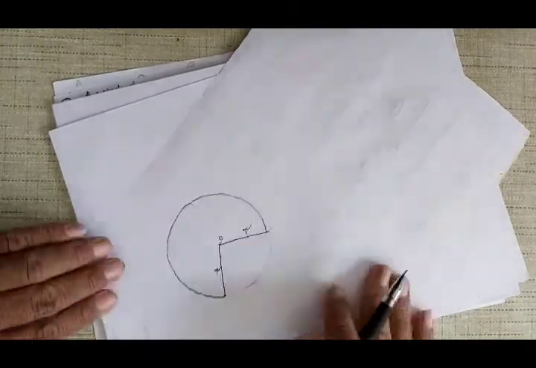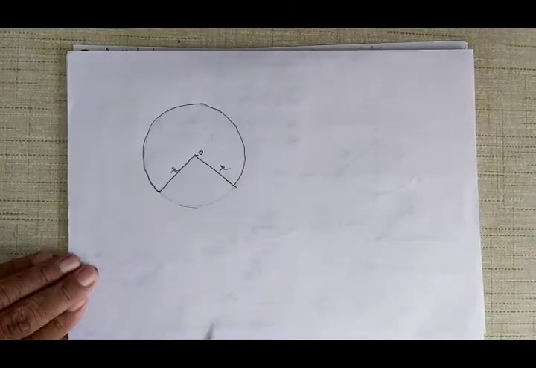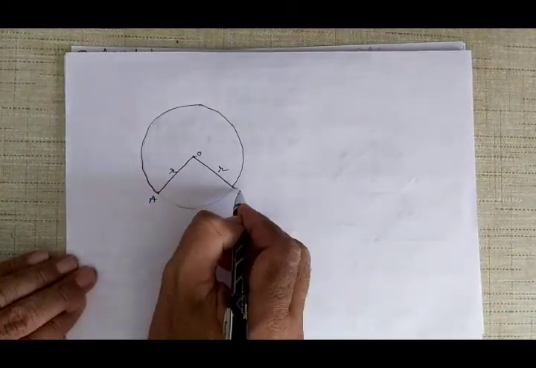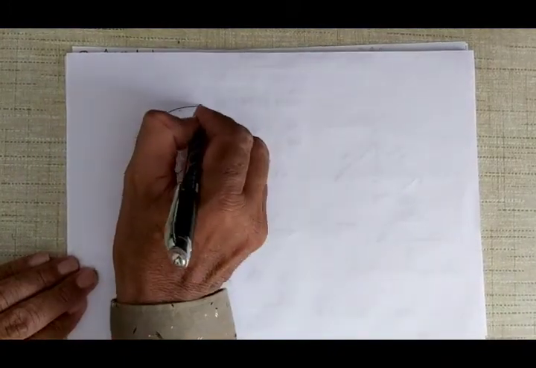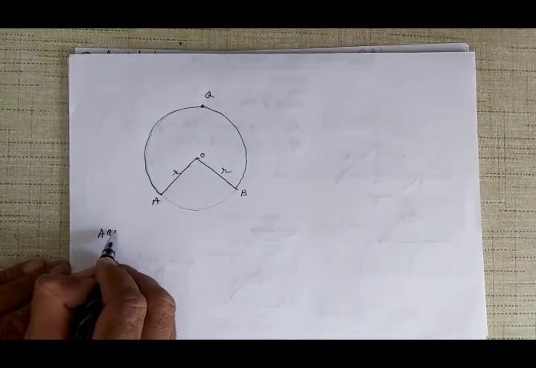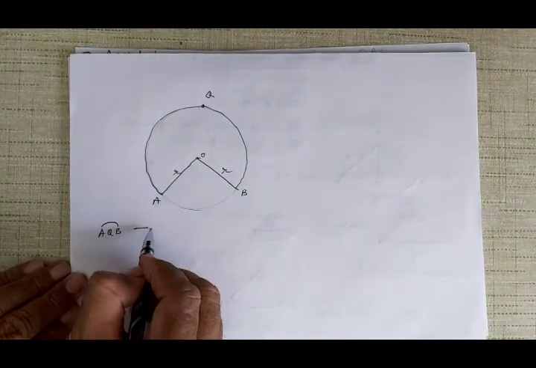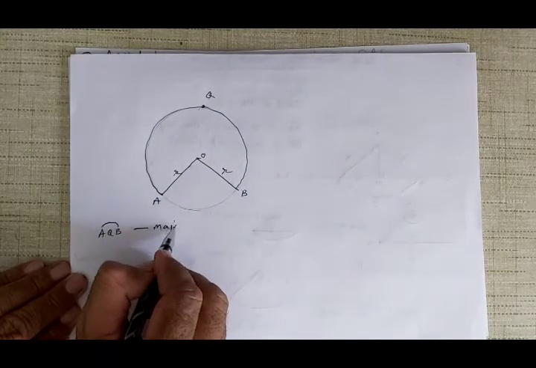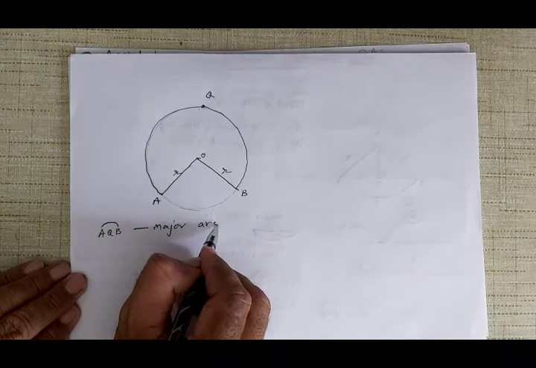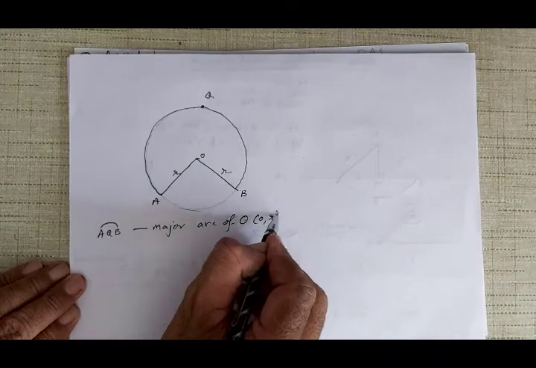This part which is darkened, suppose this is your A, this is your B, and suppose this is point Q. Then arc AQB is called the major arc of the circle with center O and radius R.